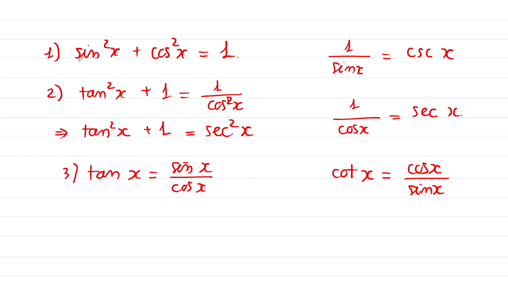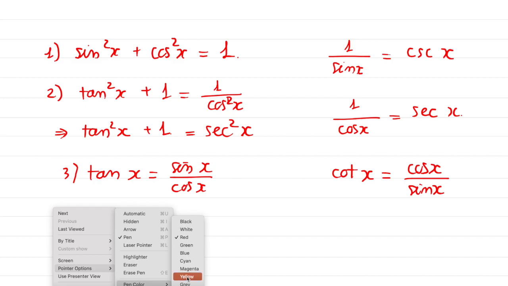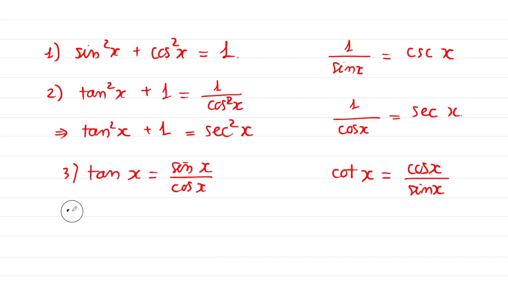And the second one, I want to remind you a little bit about the opposite angles, like x and negative x. For this one, what is the relationship between sine and cos? You should only remember about the cos: cos x is equal to cos of negative x, and these are equal. But sine and tan are not.